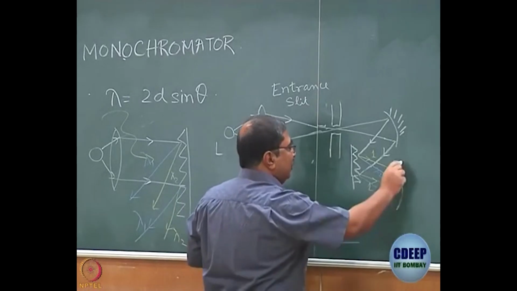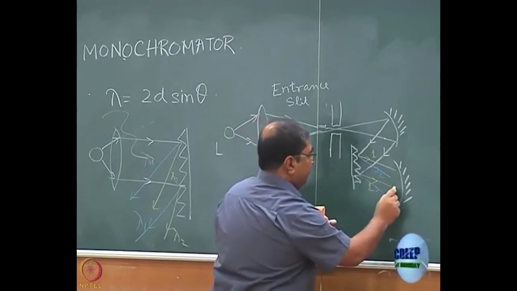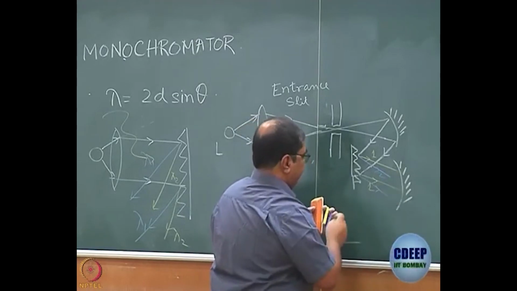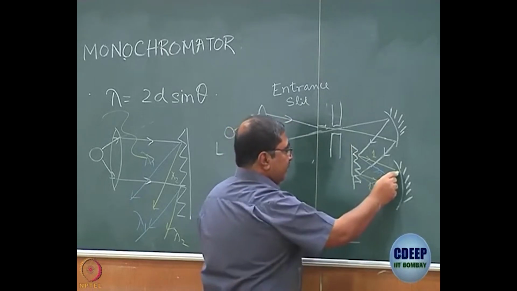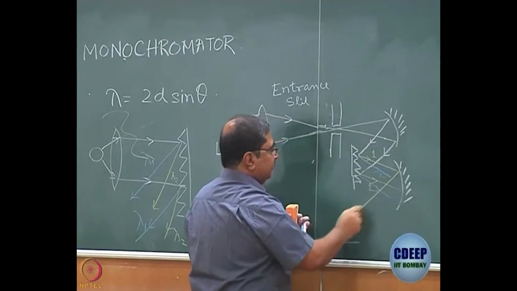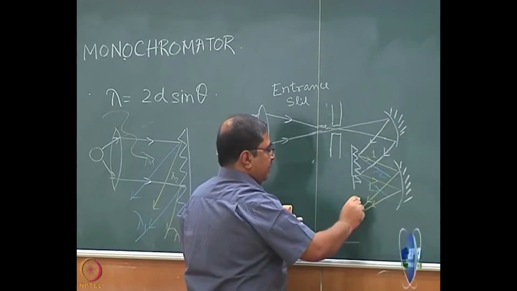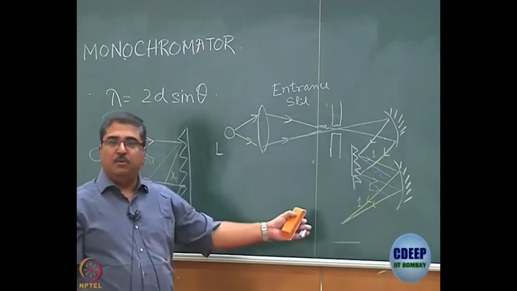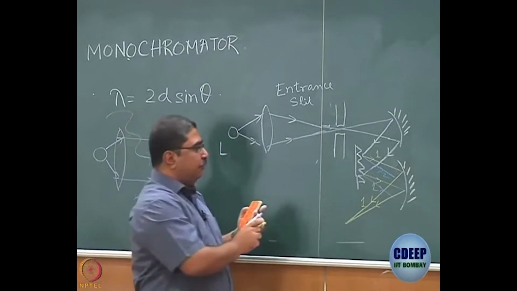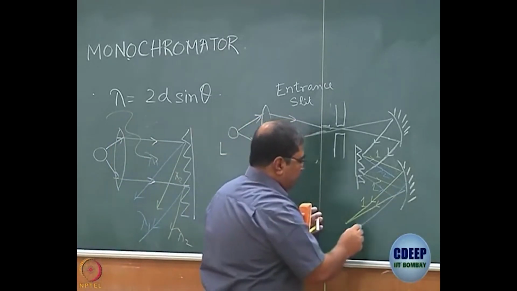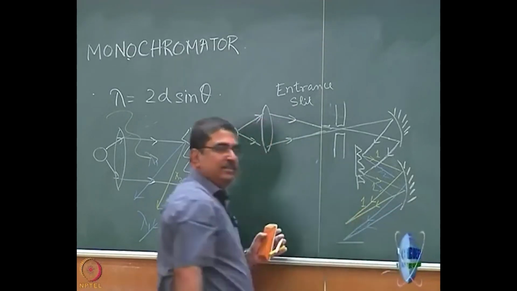What we do is you have another curved mirror here. What this curved mirror would do is that it would focus all the yellow rays to one point, and would focus all the blue rays to another point.